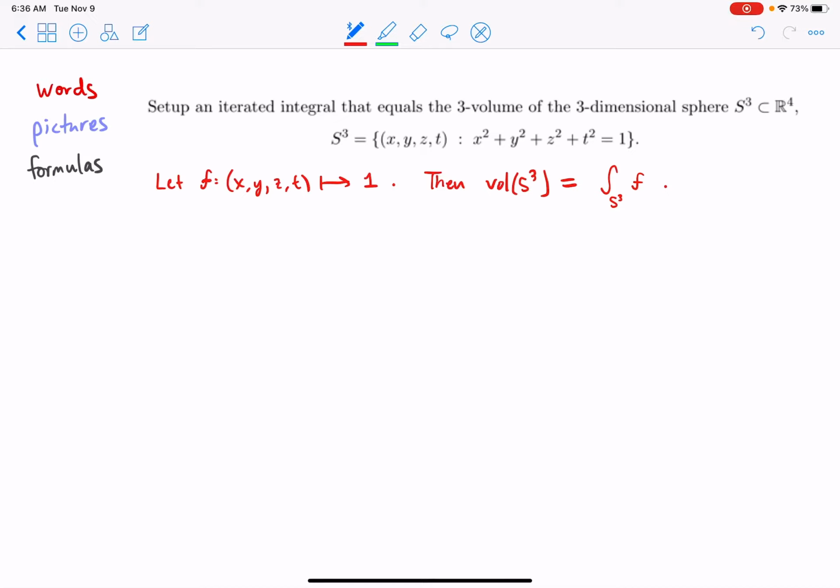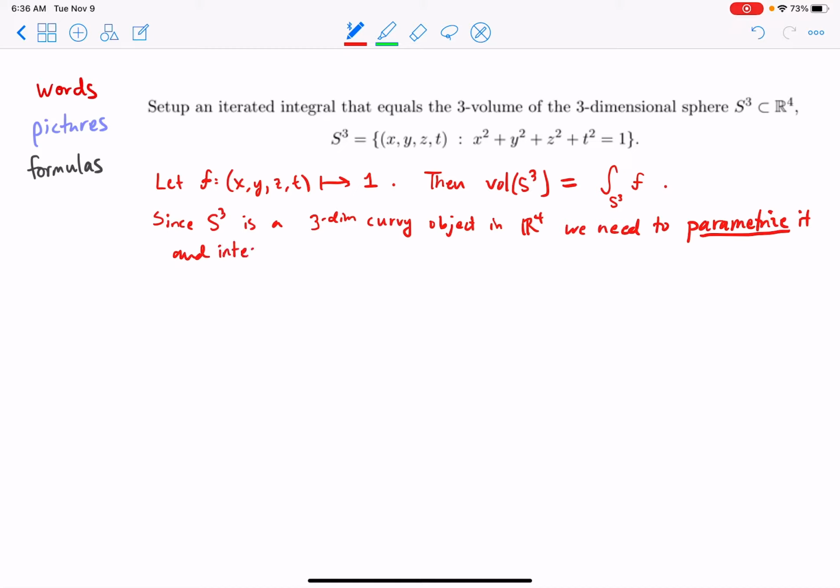Okay, since S3 is a three-dimensional curvy object in R4, we need to parameterize it and integrate in the parameter space.